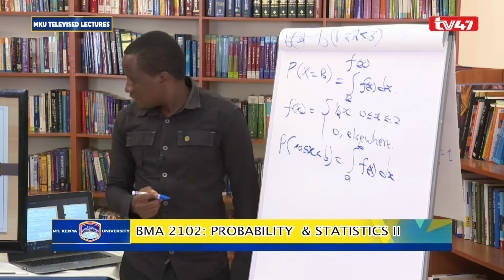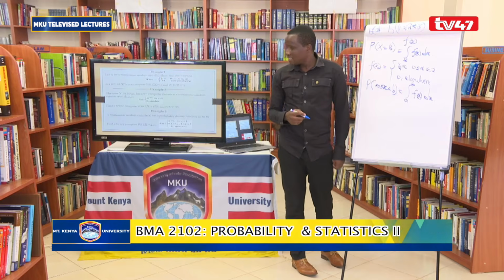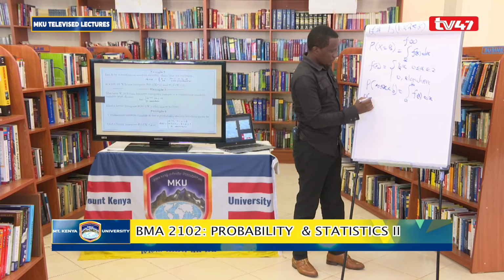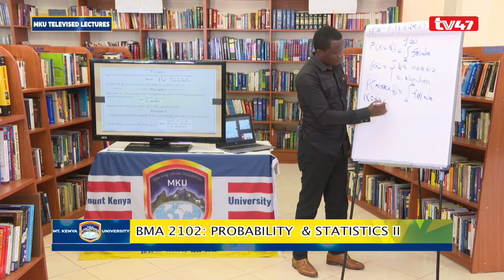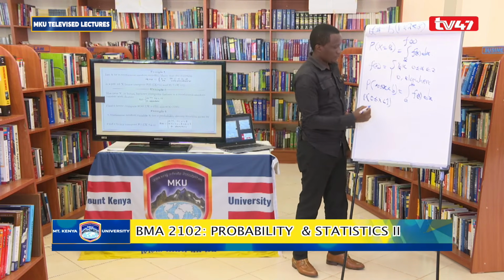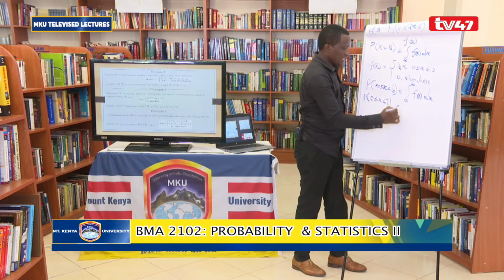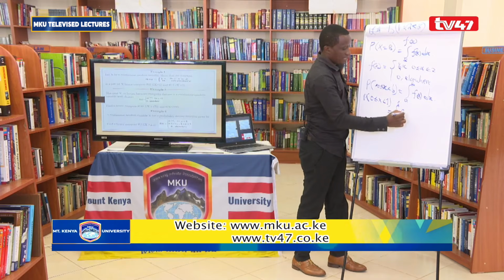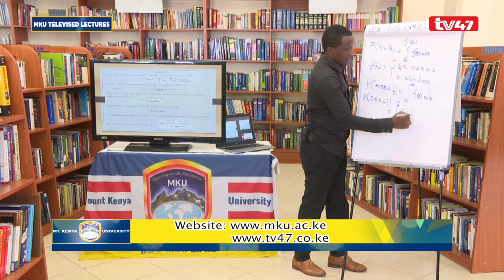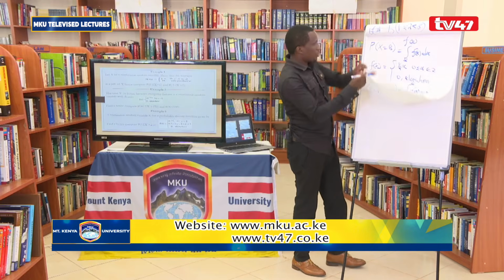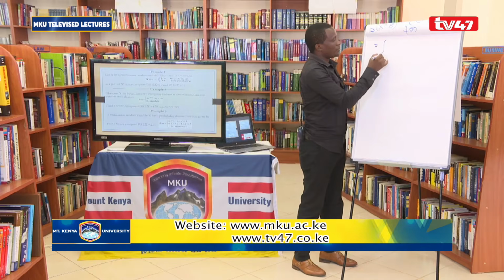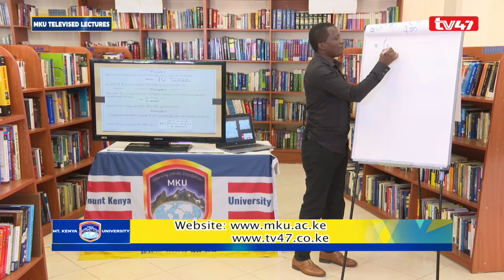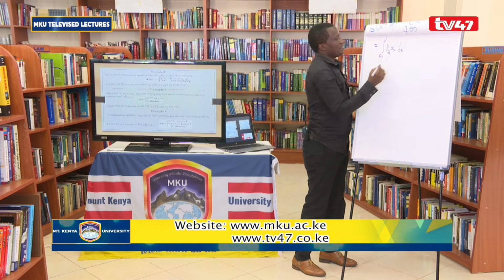In our case, we want to find the probability that x is in the interval 0 and 1. So we integrate from 0 to 1 of our PDF f of x dx, of which we will have the integral from 0 to 1 of a half of x dx.